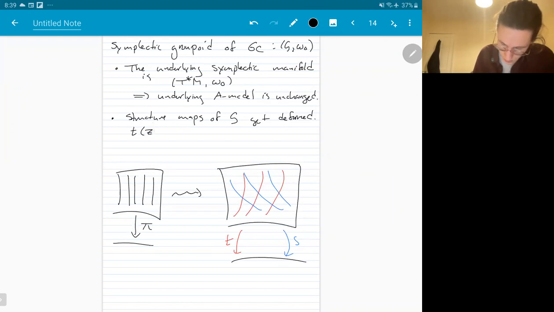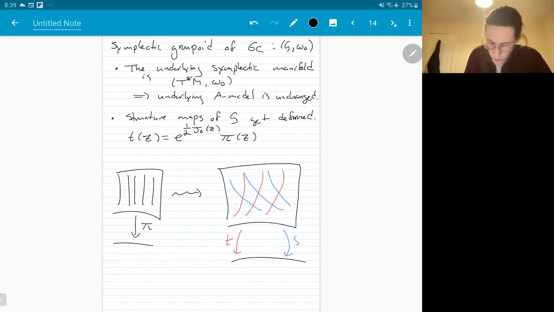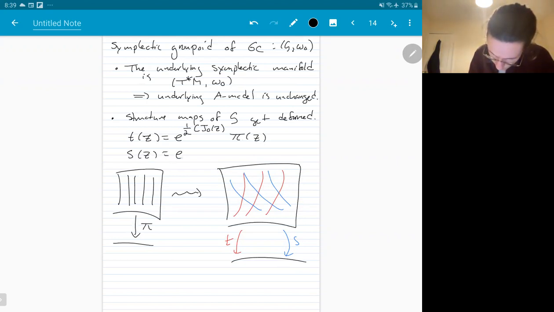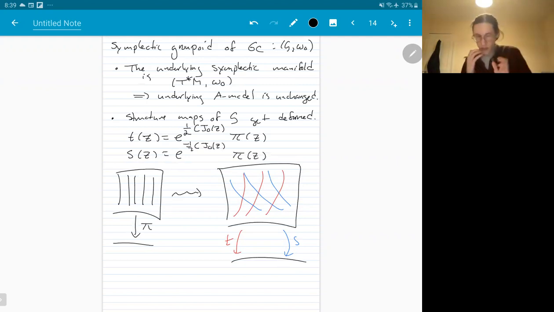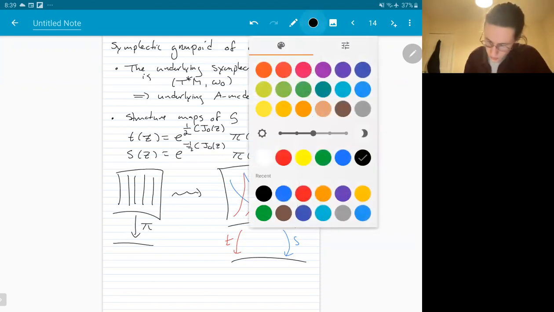So the target of Z is equal to a deformation of the projection map given by the following formula. The source one is the same thing with a minus sign. So instead of just having the projection, look what's coming in.